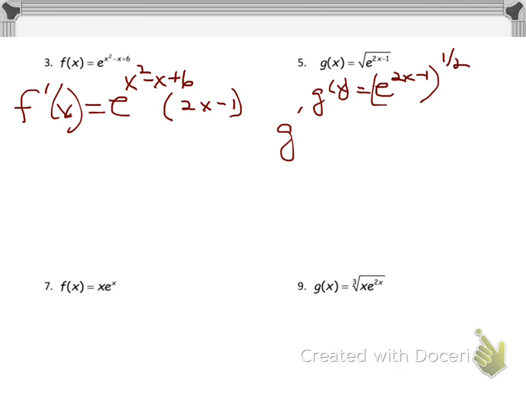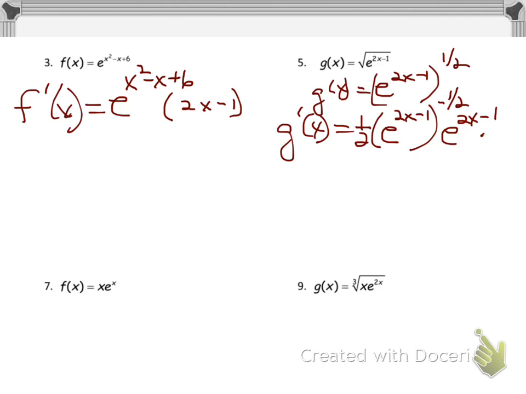Okay, g prime of x. First you're going to do the power rule. So 1/2, don't touch this, e to the 2x minus 1 to the -1/2. Now take the derivative of what's inside. So you write down exactly what you see, and then you take the derivative of the exponent, which is just going to be 2.